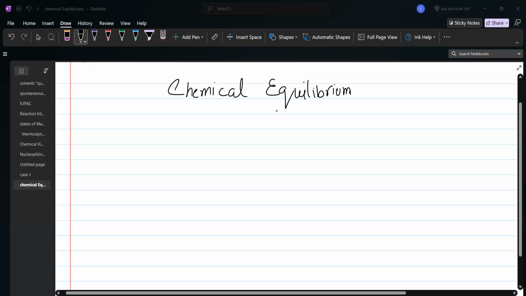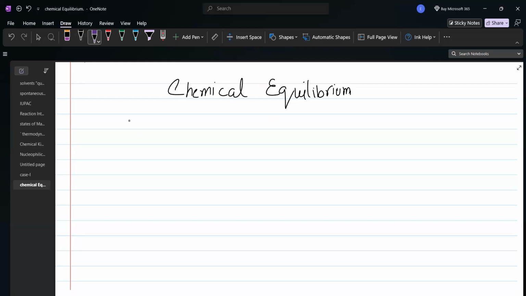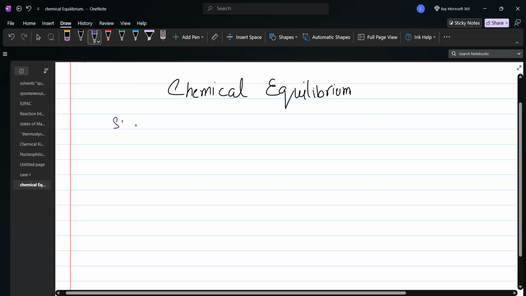So, chemical equilibrium. In chemical equilibrium, first you have to understand what equilibrium is. Obviously we are studying chemistry, so we will deal with the chemistry side. So there is static equilibrium. Static means ruka hua, means not moving. For example, you have done some simple block problems from physics, right?